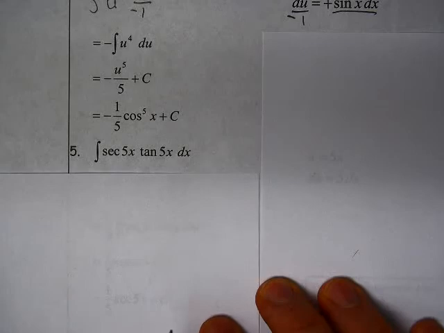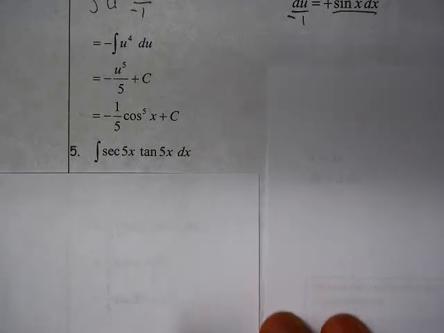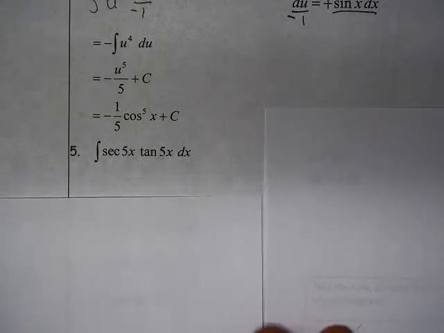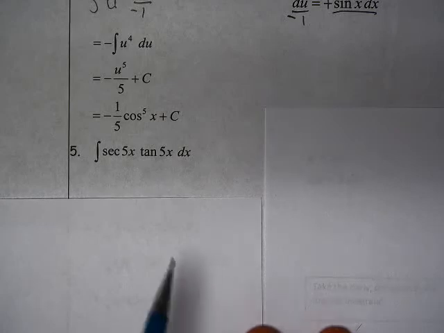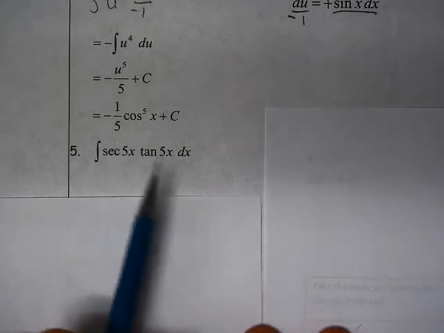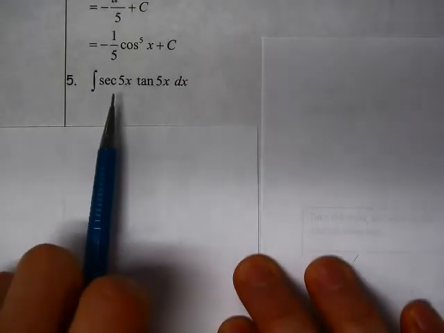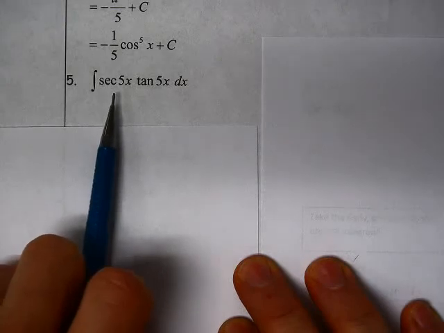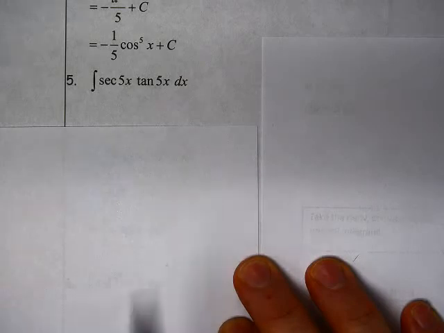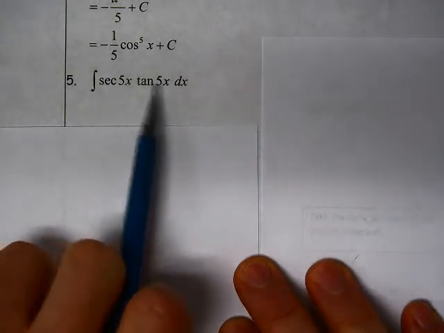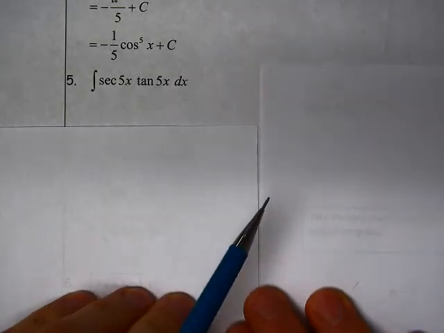Alright, so the next one I have secant of 5x, tangent of 5x. Alright, so that is really close to the end result of a derivative. Right? So I know that if I take the derivative of secant, I'll get a secant tangent. So all I really need to do is take care of this 5x part.